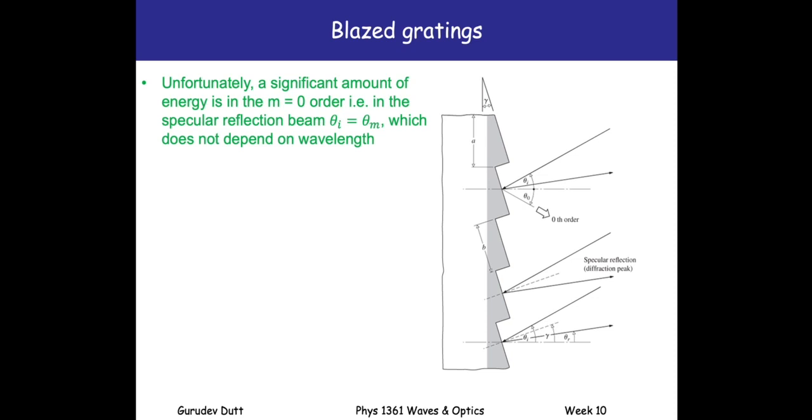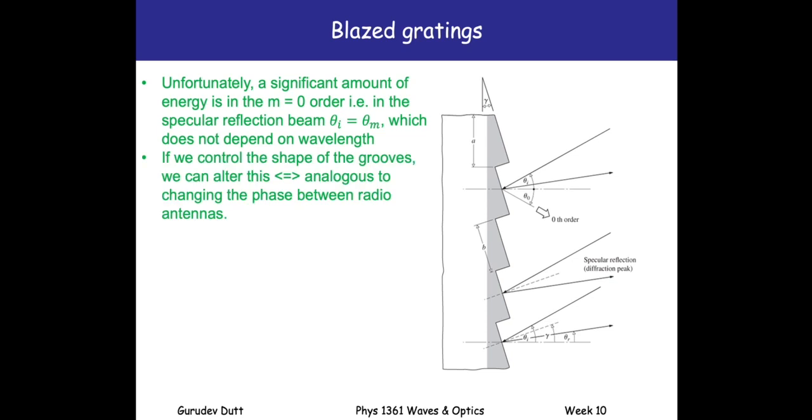As a way to fix that, we use the same idea from phased array radar, where we change the phase between the individual oscillators in a certain manner, and the way to do this at optical frequencies was by changing the shape of the grooves. If you control the shape of the grooves, this is analogous to changing the phase between the radio antennas, and that controls the angle which has the maximum direction. A simple way to think about that is to take a single slit, let's say a reflective surface.